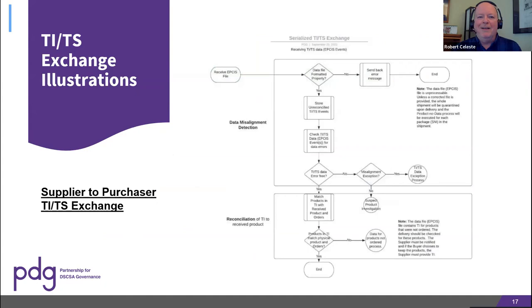So a couple more eye charts, and this one is to just talk a little bit about moving TI/TS data, and this would be an EPCIS move from a supplier to a purchaser, and the kind of checks that may be made throughout in their process.